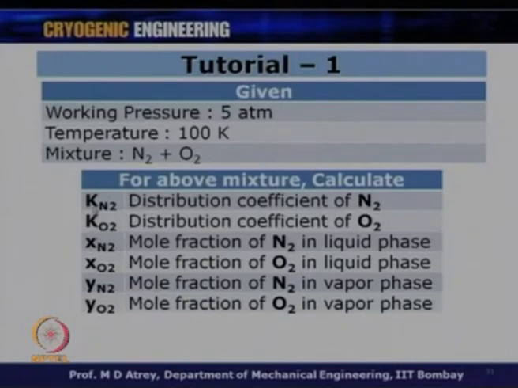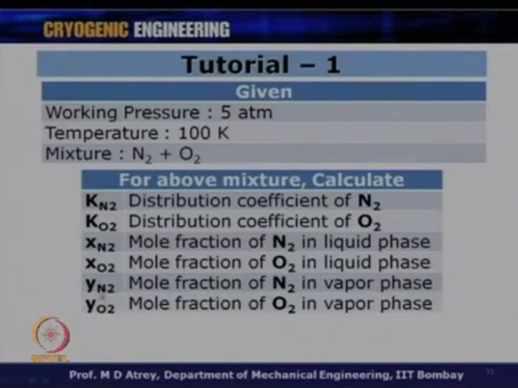If I want to convert that to the nomenclature which we have been using till now, I would like to calculate KN2, which is the distribution coefficient of nitrogen, and KO2, which is the distribution coefficient for oxygen, which is what we termed as Ka and Kb earlier. I now want to give this nomenclature to it, which is KN2 and KO2. Also, corresponding to that, I have XN2, XO2, which are the mole fractions of nitrogen and oxygen in liquid phases, which were earlier called Xa and Xb.